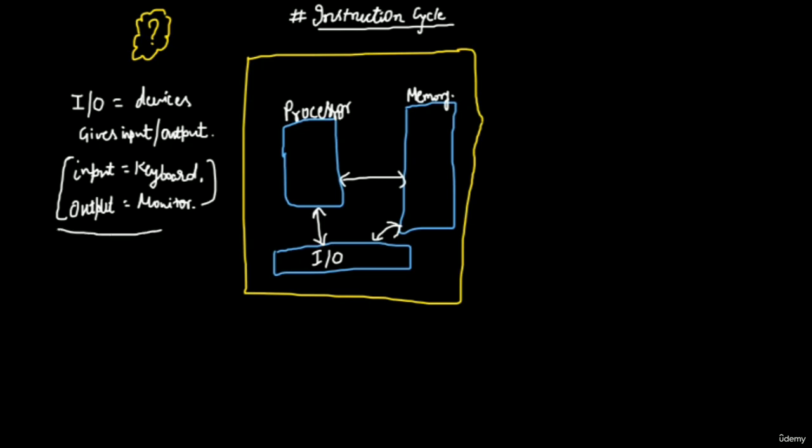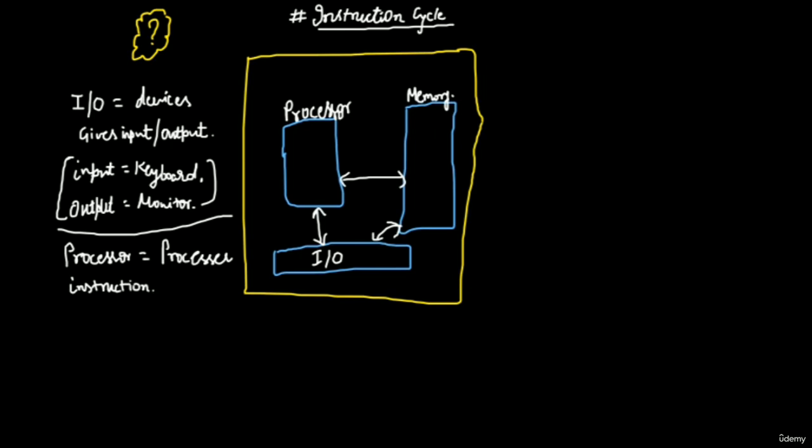What else do we have here? Well, the processor. What does a processor do? Well, we will be very clear about this one. A processor processes instructions. That's all it does. It processes the instruction.